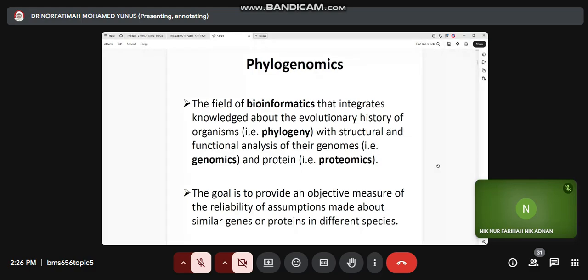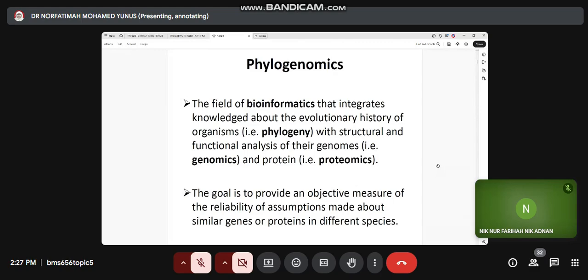ITS for fungi, and matK for plants. But for some particular human or some particular organism, we use the whole genome. So we call this area phylogenomics.